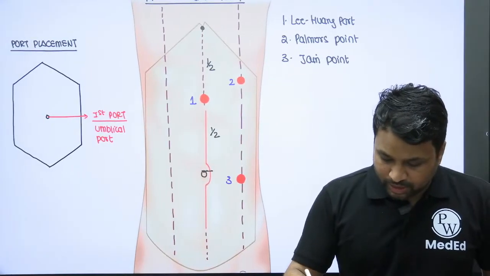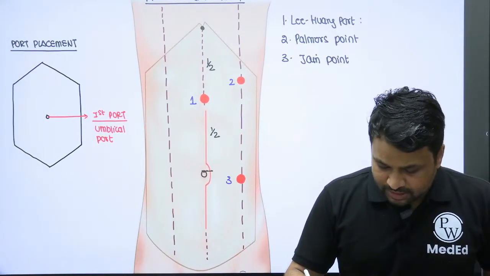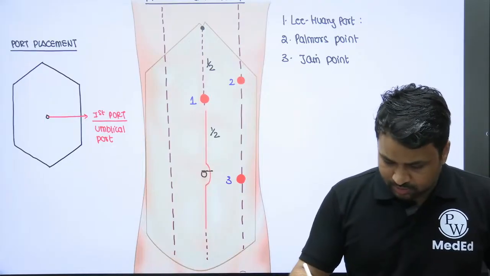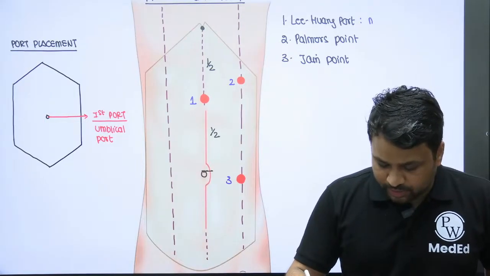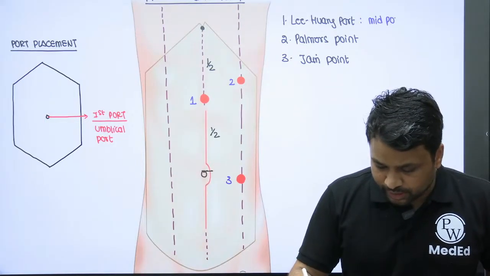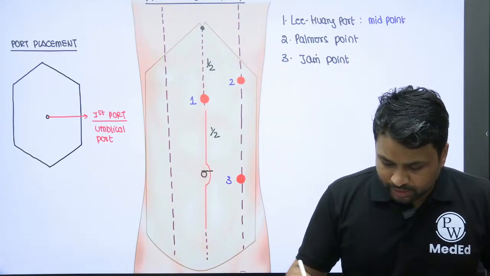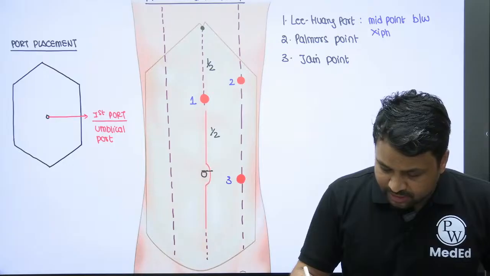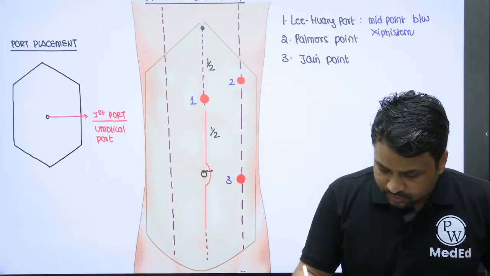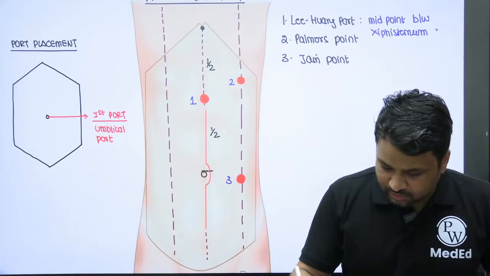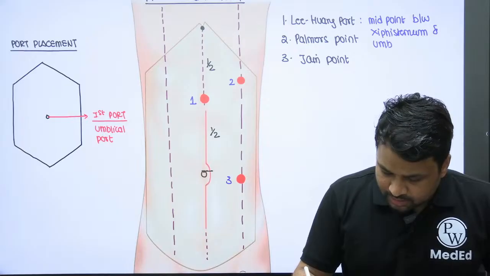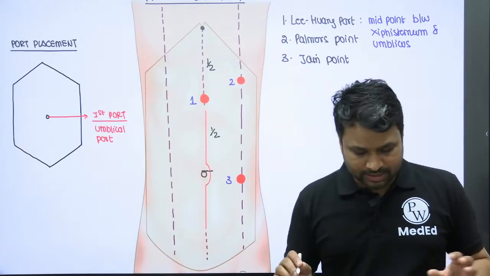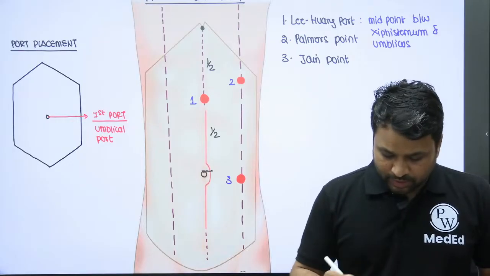So Li Huang port is the midpoint between the xiphisternum and the umbilicus. As simple as that. Okay? That is your Li Huang port.